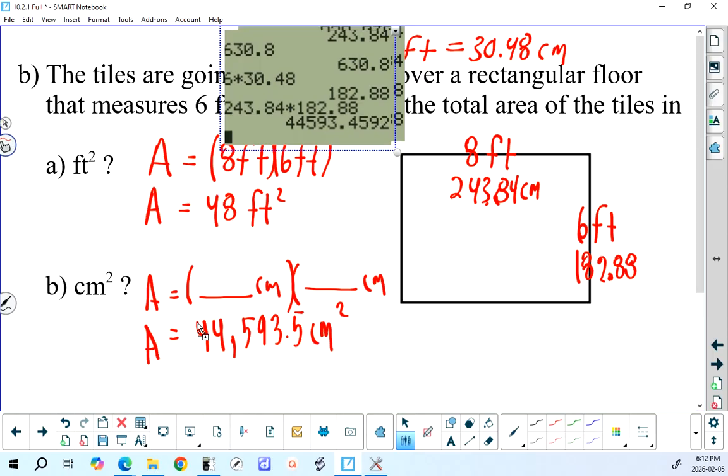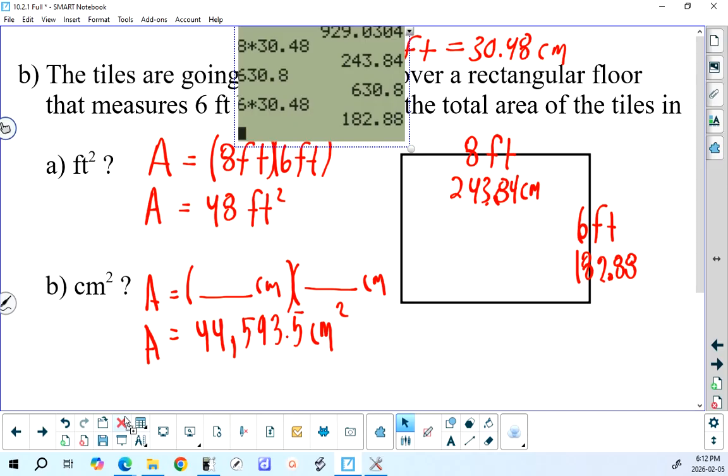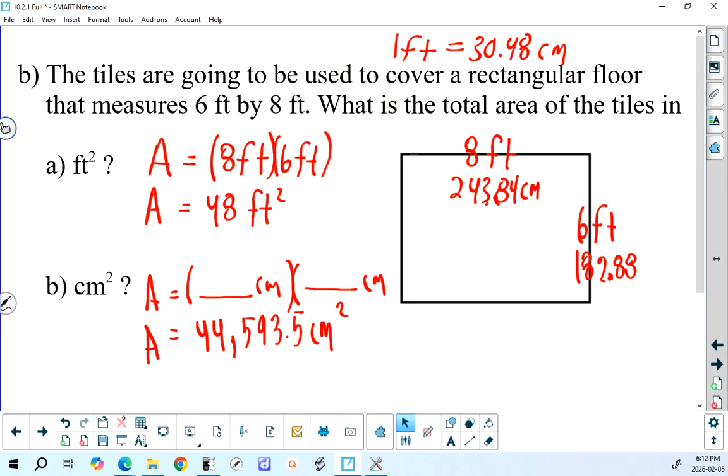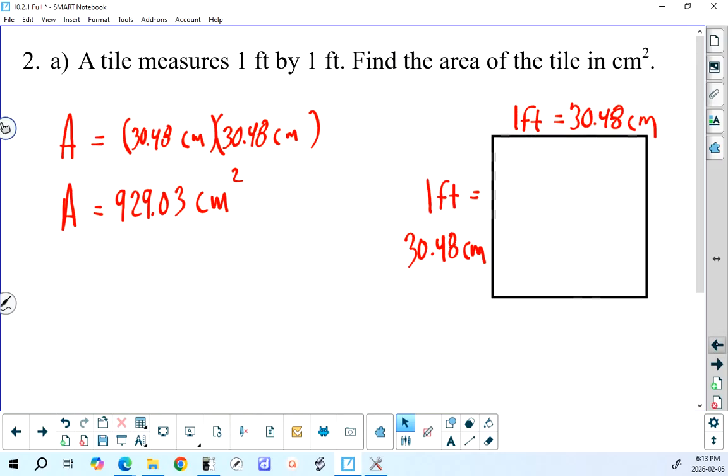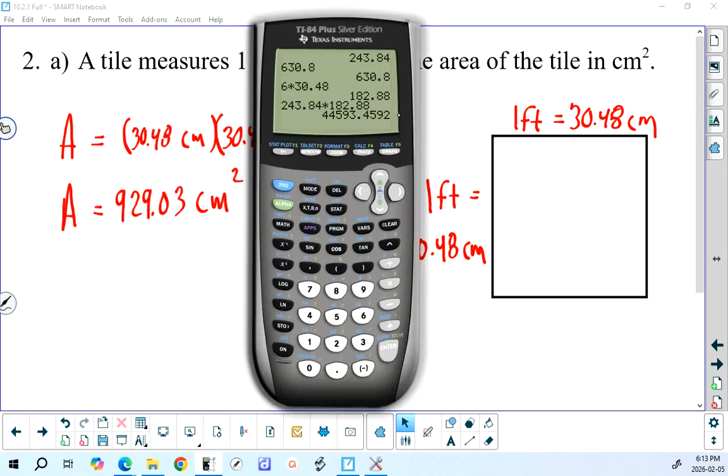I would like to point something out to you: you could have taken a little bit of a shortcut. When we go back and look at the area of one of these tiles, it was 929.0304 square centimeters, and that was 1 square foot.